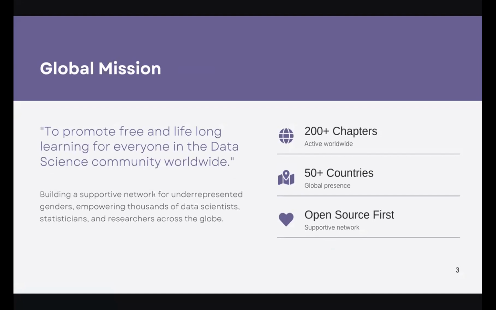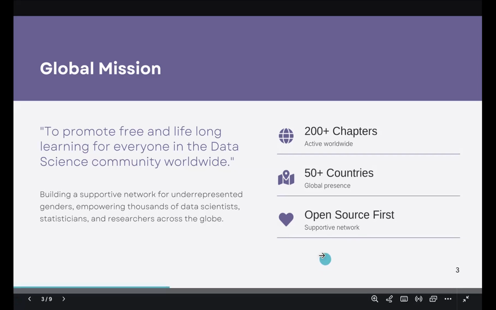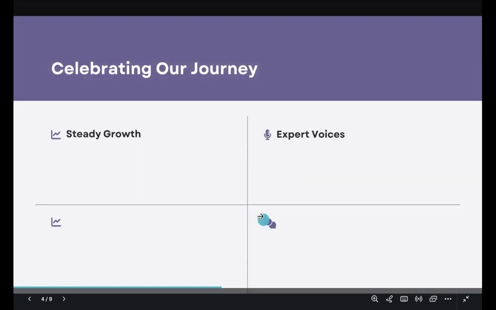So our global mission is to promote free and lifelong learning for everyone in the data science community worldwide, building a supportive network for underrepresented genders, empowering thousands of data scientists, statisticians, and researchers across the globe. So R-Ladies Plus is now 200 plus chapters active worldwide, 50 plus countries. So we have a global presence, and it is an open source first supportive network.